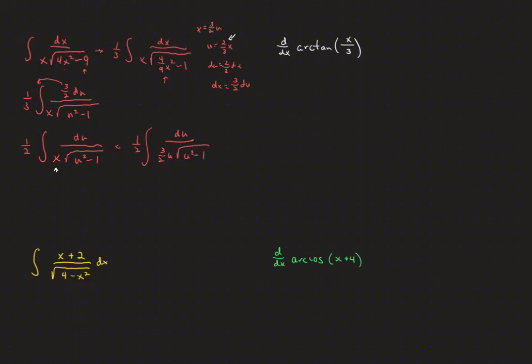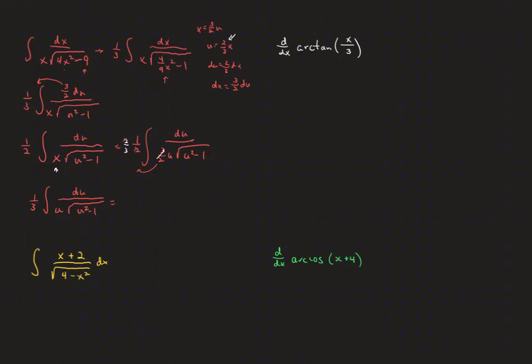of our integral. Now that 3/2, we're going to pull outside the integral, but remember that's in the denominator, so when you divide by the 3/2, that's going to become 2/3 out here. And so that we can cancel with the 2, so at long last we're back to a 1/3 times the integral of du over u times the square root of u squared minus 1.